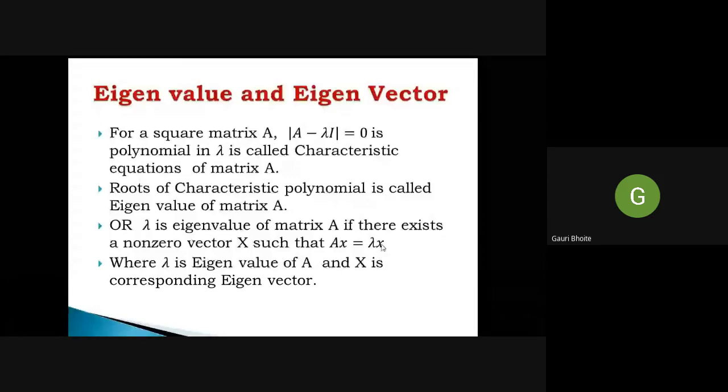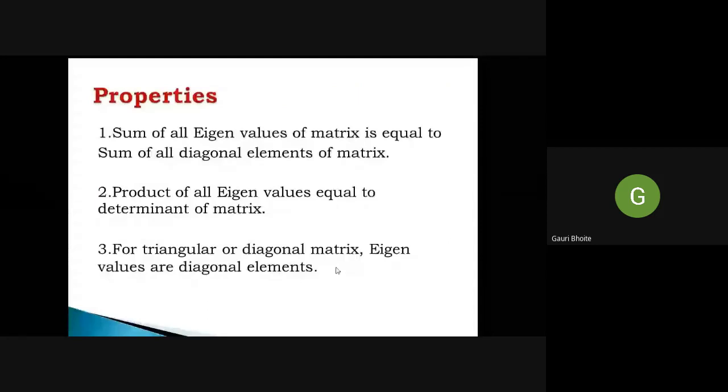Now I'm not interested in finding the actual eigenvalues immediately, but we see some properties and examples based on this. Very important properties. First, the sum of all eigenvalues of a matrix is equal to the sum of the diagonal elements of that matrix.